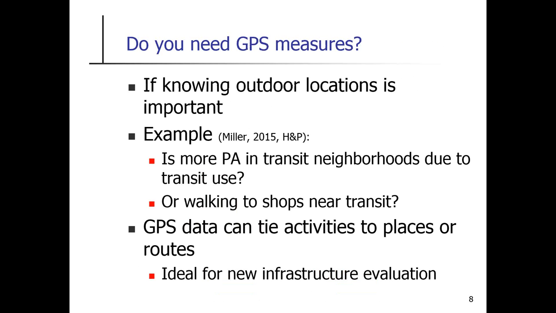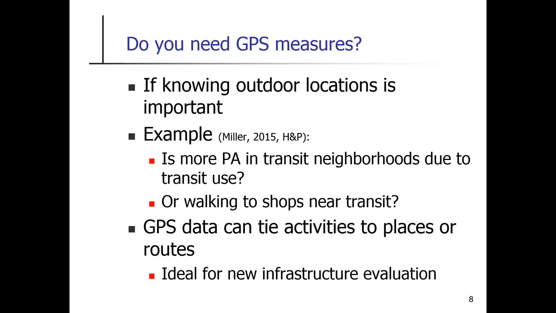Do you need GPS measures? Well, only if knowing about outdoor locations is important. In our study, for example, we wondered if more physical activity amongst transit riders might be because they are doing physical activity in the neighborhood around the transit stops, because these places often have shops and services, or is it the walk to the transit and taking transit that is accounting for their physical activity?